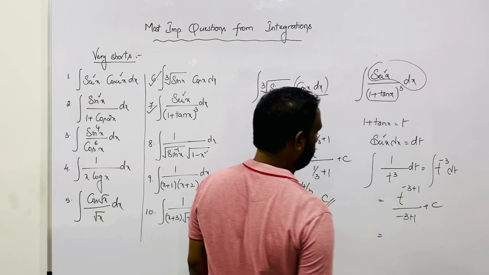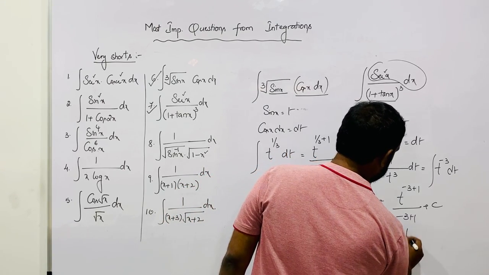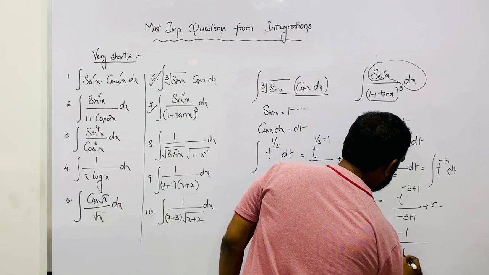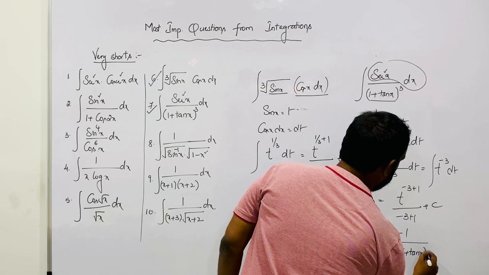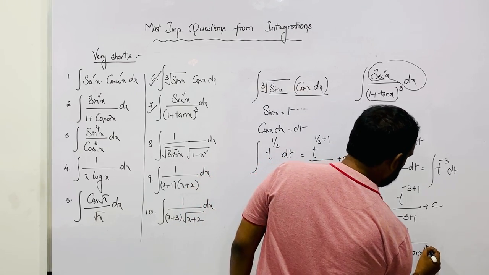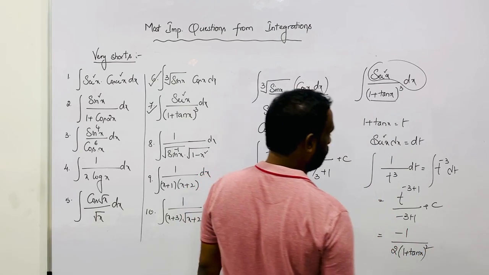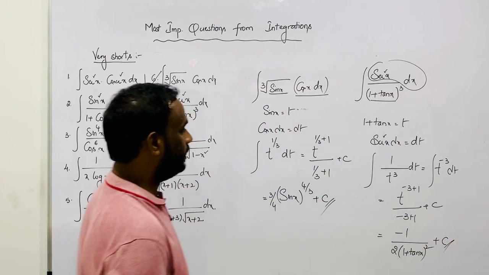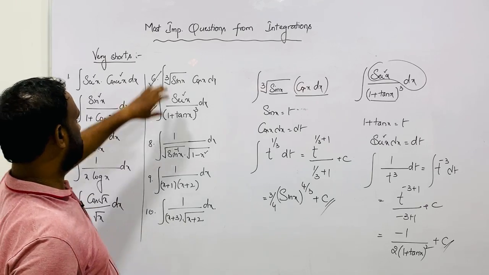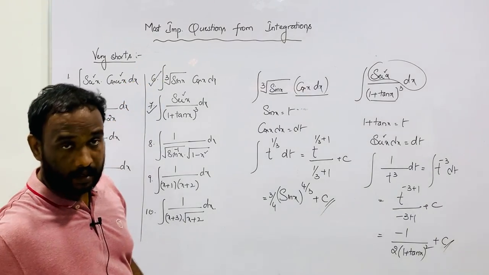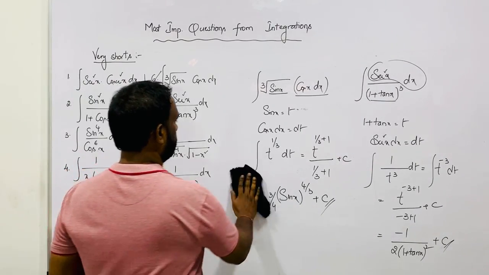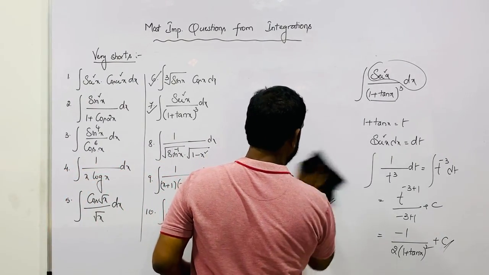On resubstituting the value of t, it becomes minus 1 by 2 into t power minus 2, where t is 1 plus tan x. So, it is minus 1 by 2 into 1 plus tan x whole square, plus c, the constant of integration. So, both the sixth and the seventh problems are solved by the same method of substitution.